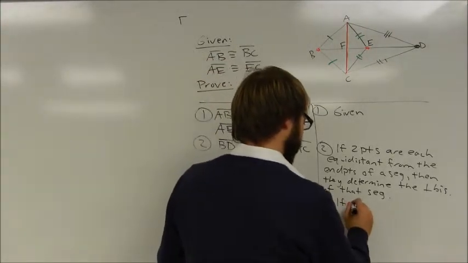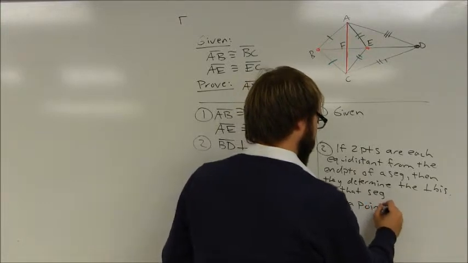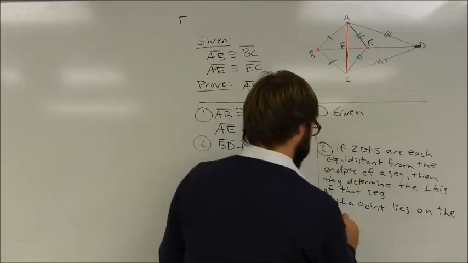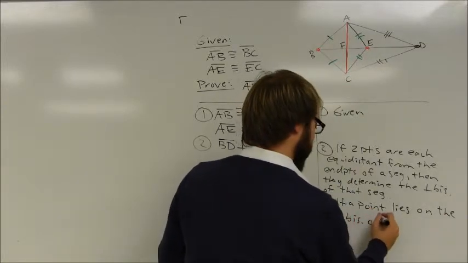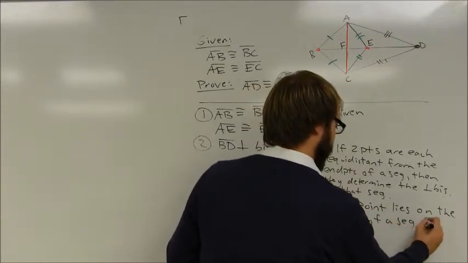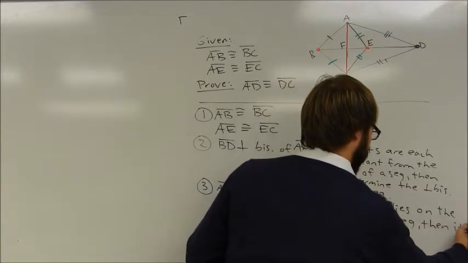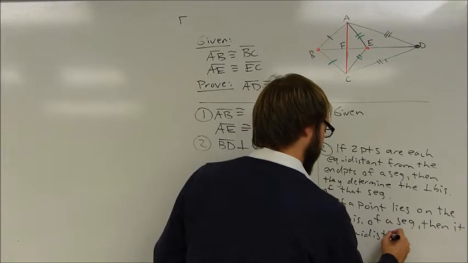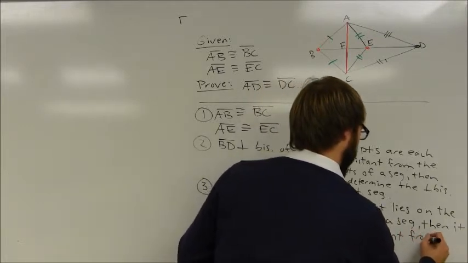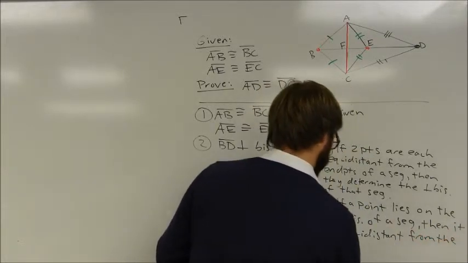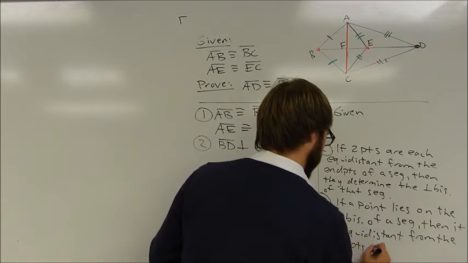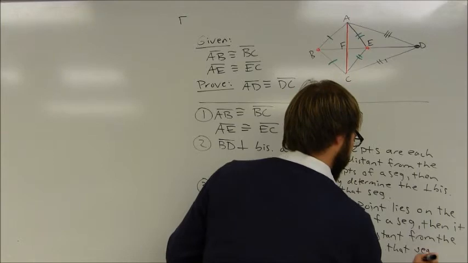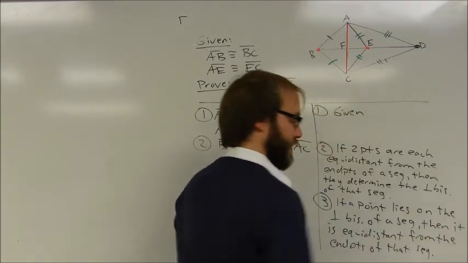So if a point lies on the perpendicular bisector of a segment, then it is equidistant from the endpoints of that segment. And at that point, I'm done.